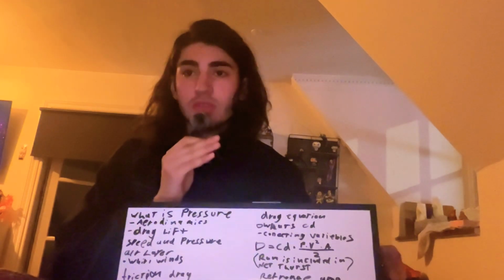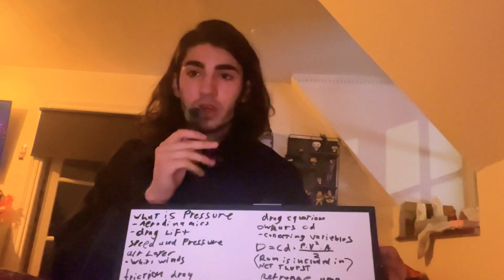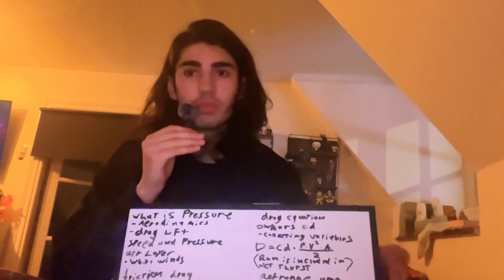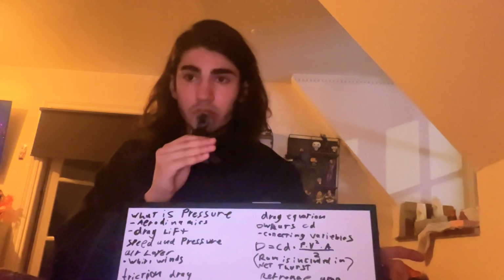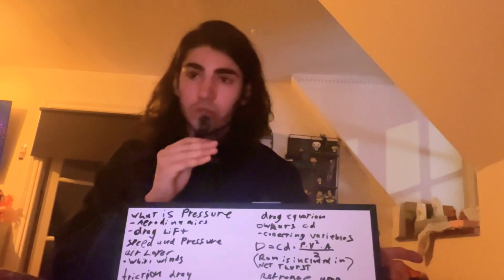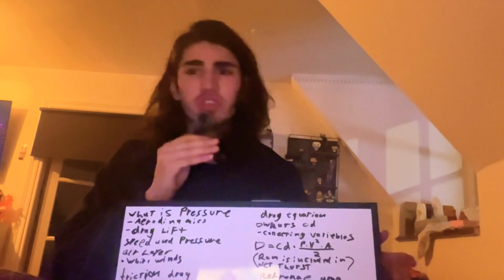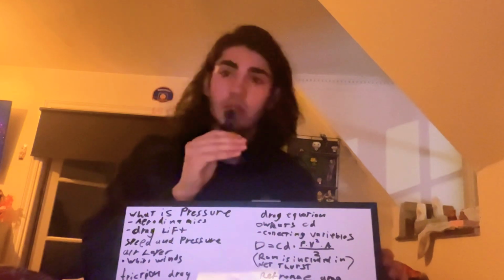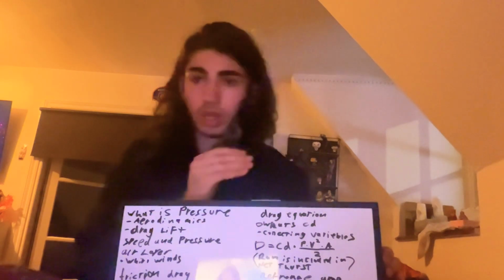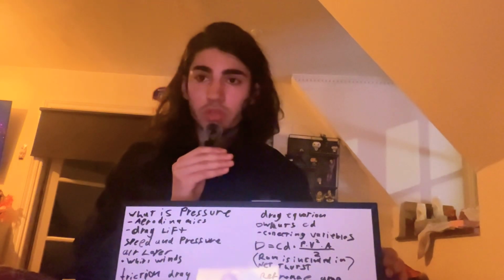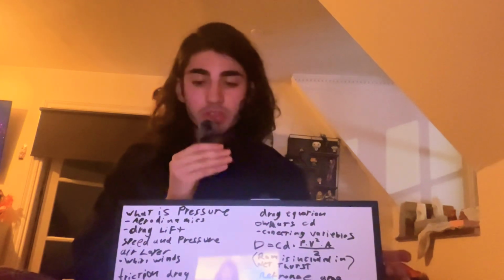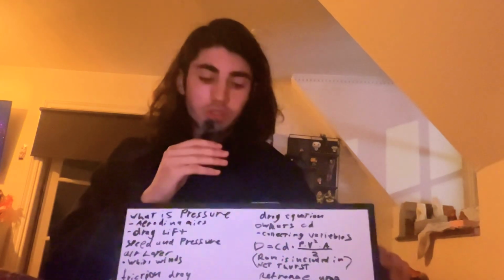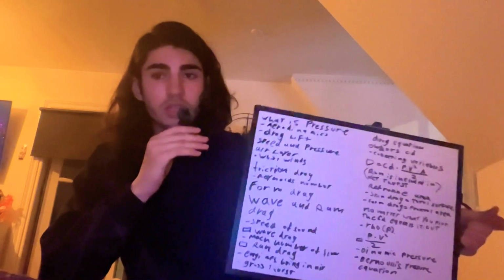Basically, that just means that when an object is moving in a specific direction through a liquid, then how much is it being slowed down? How much is it being pushed up, down, left, right, so on and so forth, right? It's just how much it's being affected by the air. So that's what aerodynamics is in simple terms.